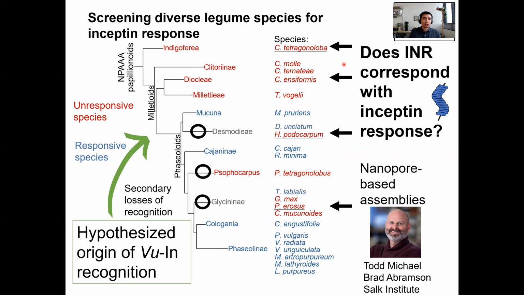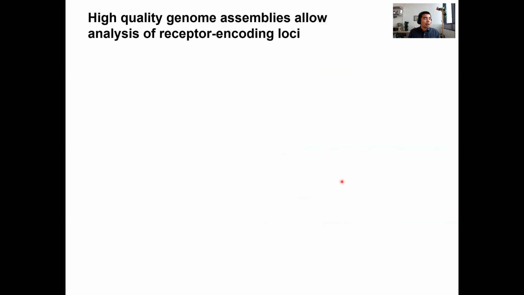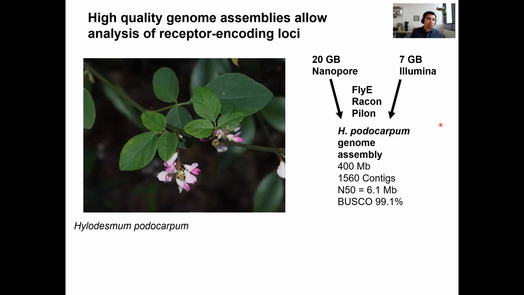For this, we needed additional de novo assemblies. We collaborated with Todd Michael at the Salk Institute, and his postdoc Brad Abramson, to put together new long-read-based assemblies at key nodes in the species tree. This was a really successful and fun process of generating some high-quality new genome assemblies to investigate one specific locus of interest.